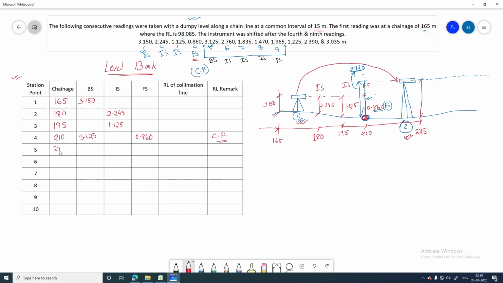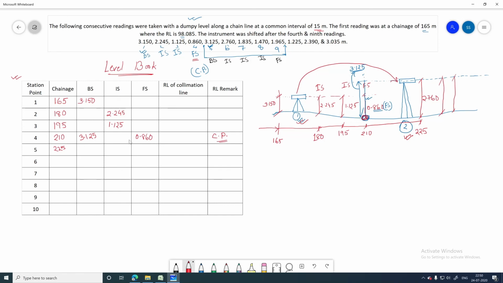The intermediate sight reading value is 2.760. Then there are two other leveling staffs, both for intermediate sight readings. One is 1.835 and the second one is 1.470. Similarly we need to put these three values in intermediate sight reading.